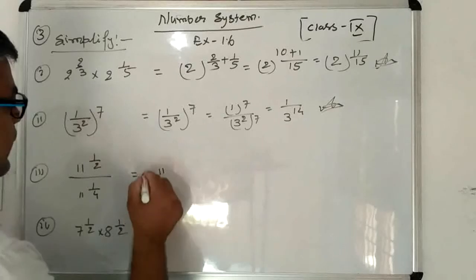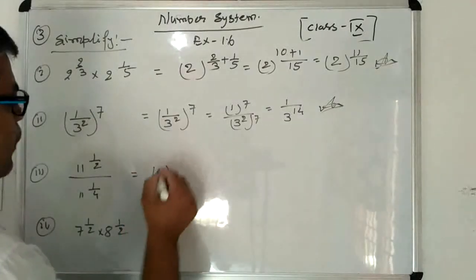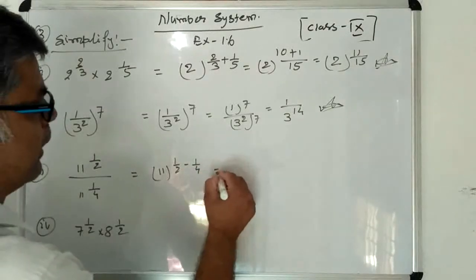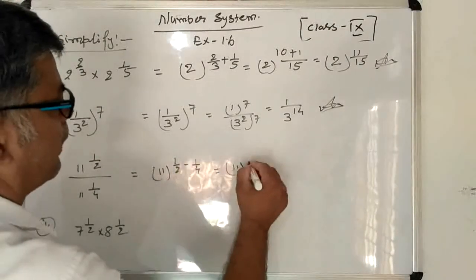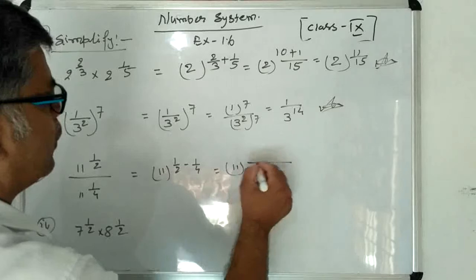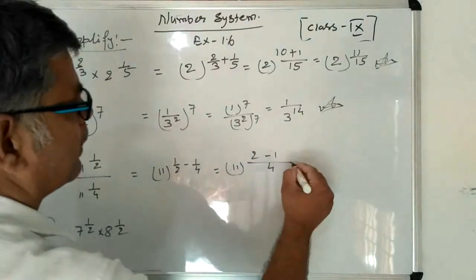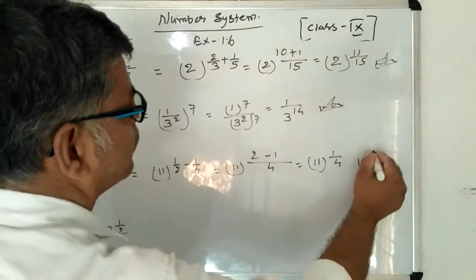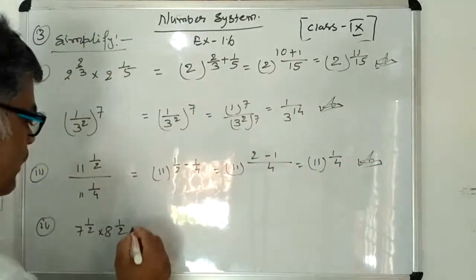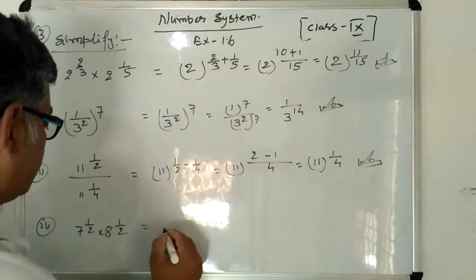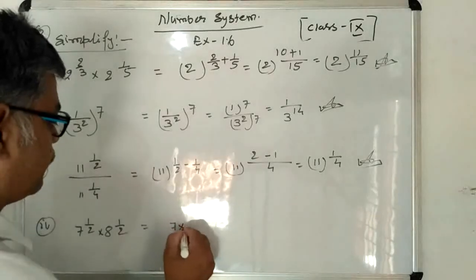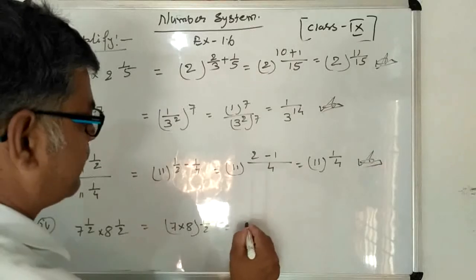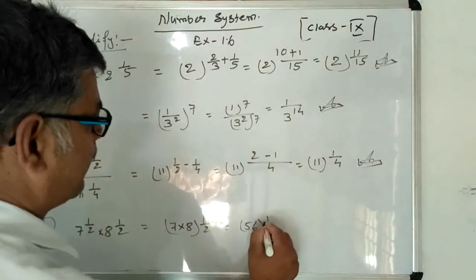So you can write 11 to the power 1 by 2 minus 1 by 4. So again, taking LCM 4, it is 2 minus 1, that is equal to 11 to the power 1 by 4. So this is your answer. Now in fourth question, 7 into 8 whole power 1 by 2 equals 56 whole power 1 by 2.